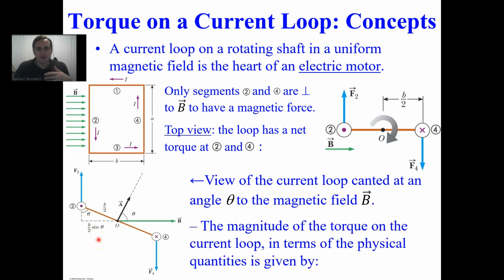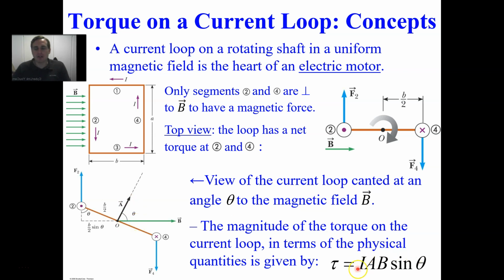So the magnitude of the torque on the current loop in terms of the physical quantities is given by this: torque is equal to IAB sine theta. Now this theta is the angle between the area vector, which is perpendicular to this loop, and the magnetic field vector.